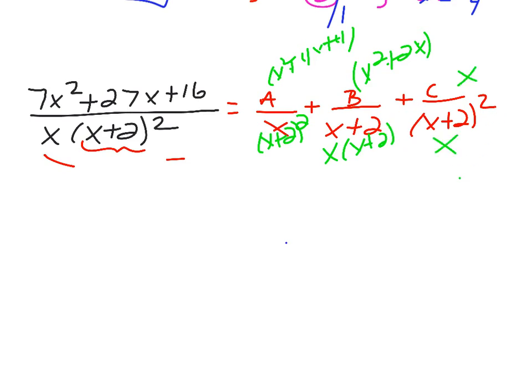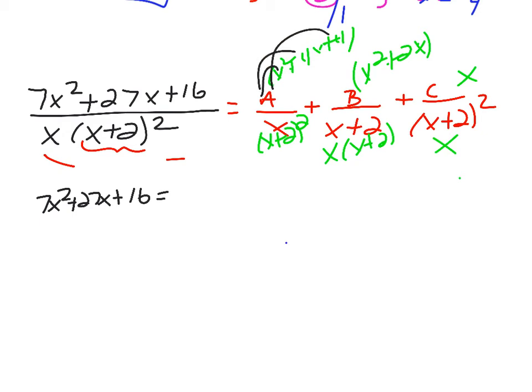All right, so I'm going to have 7x squared plus 27x plus 16 equals, I'm going to distribute the a.